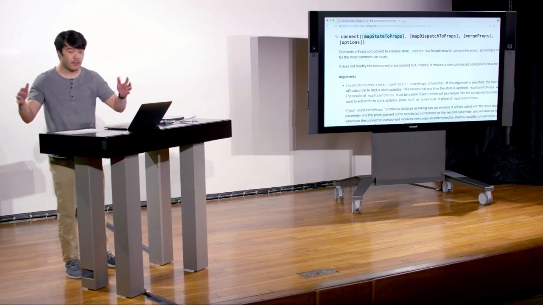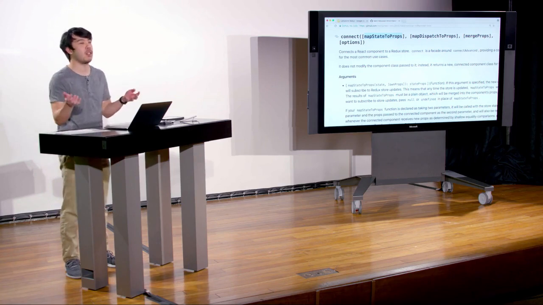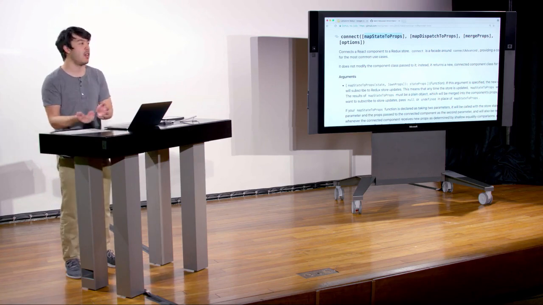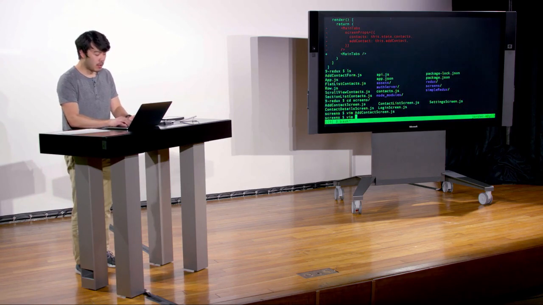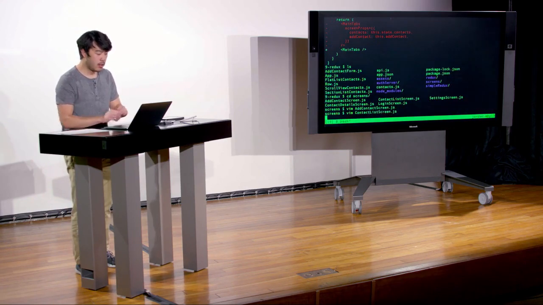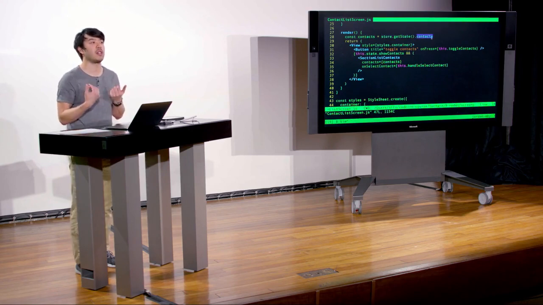Meaning, for this particular component, it doesn't care about our entire application state. It only cares about a subset of it. For a particular example, our contact list screen doesn't care about our entire state of our component. We only care about this one key called contacts.